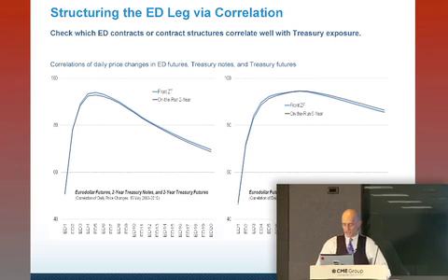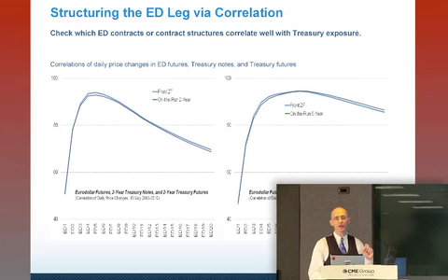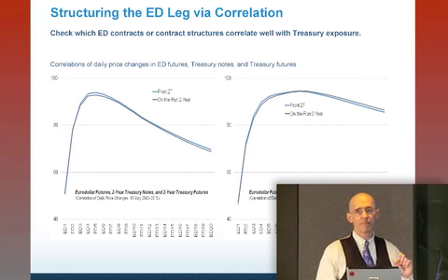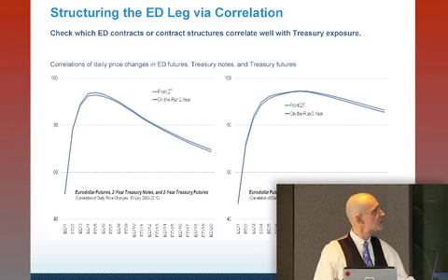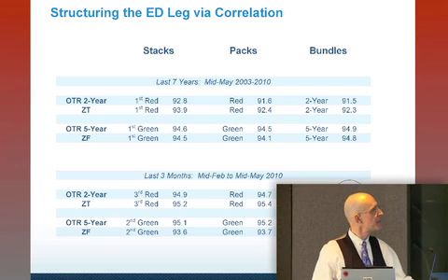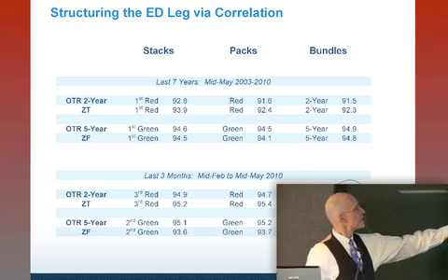Suppose your criterion is simply to pick out whatever is most tightly correlated. And that might be part of your discipline, and then you trade whatever residual opportunity arises between the Treasury leg and the euro-dollar leg. You'd come up with a summary like this.